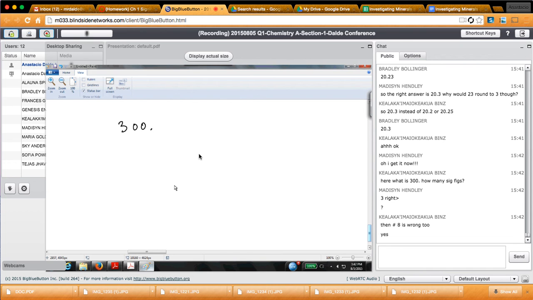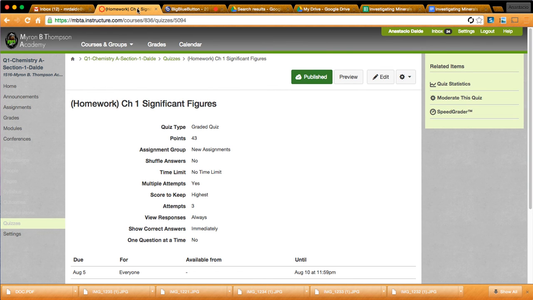And this is where scientific notation actually comes into play. The best way to write that is to write 3.00 times 10 squared. In this case, there is no question as to how many significant figures. In the other case, you could have accidentally put a dot on the page. Let me take a look at number 8 and see what I did wrong there.